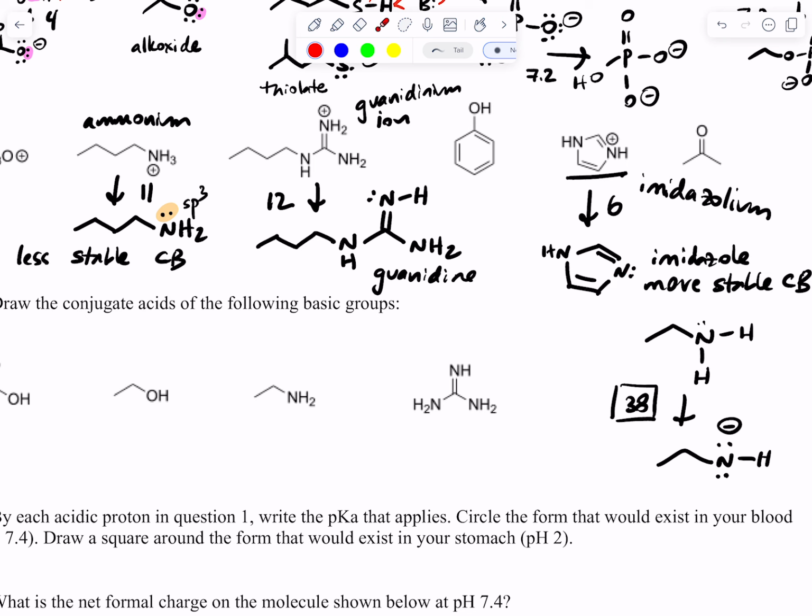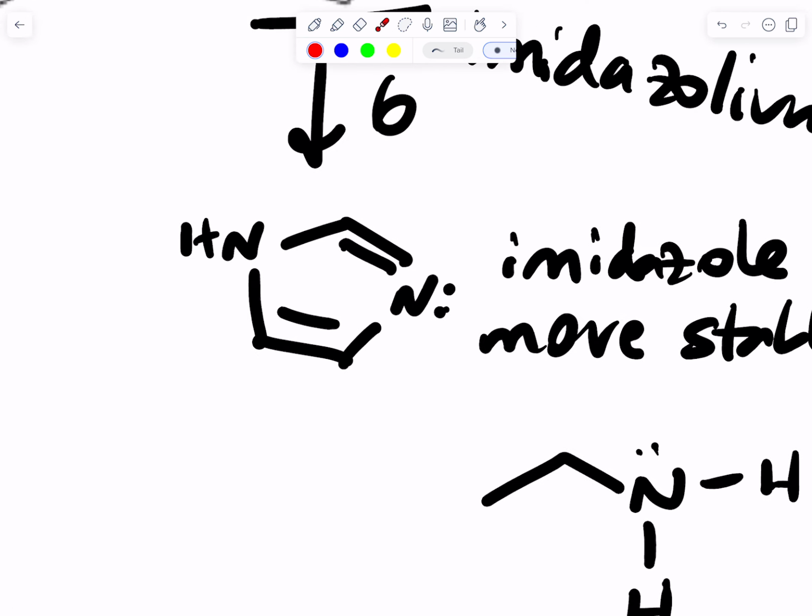Now an sp2 nitrogen has 3 sp2 orbitals and 1 p orbital. Let's count off the bonds that that nitrogen's involved in. 1 sigma bond, there goes 1 sp2 orbital. Another sigma bond, there goes another. A pi bond, what orbital is the pi bond going to involve? P orbital. So therefore, what must the lone pair be in? sp2.